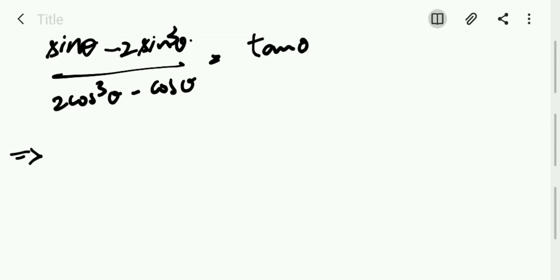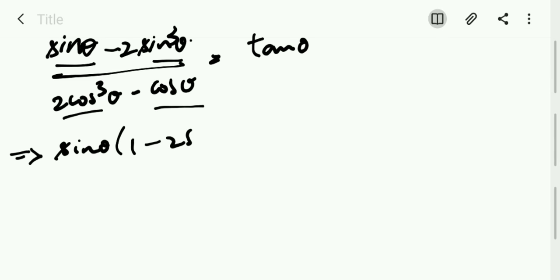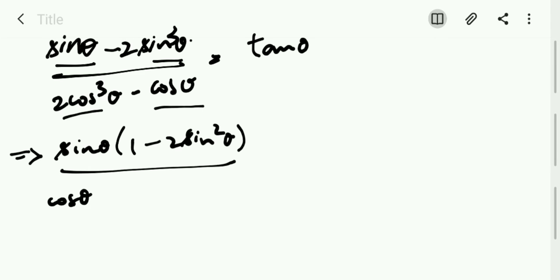Now if you just have a check, you have common parameters, right? So take out the common parameter first, sine theta, and you will be left with 1 minus 2 sine square theta. And over here I'll take out cos theta, and you will end up with 2 cos square theta minus 1. Correct? And now what is this 1? 1 is nothing but sine square theta plus cos square theta.